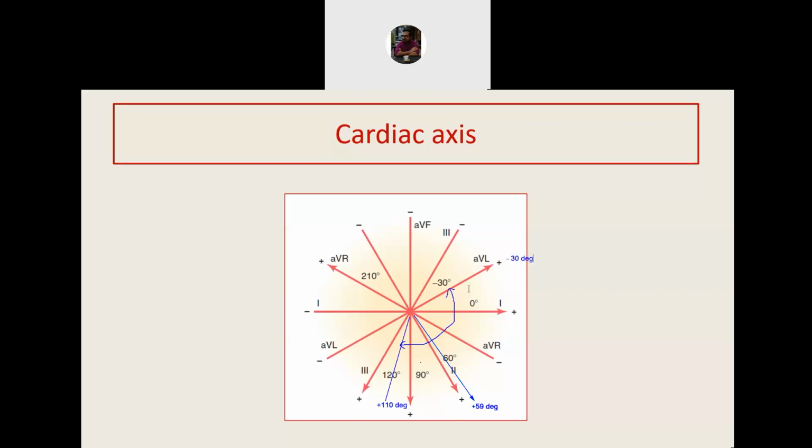If the cardiac axis goes beyond minus 30 degrees, it is called left axis deviation. If it goes beyond 110 degrees, it is called right axis deviation.